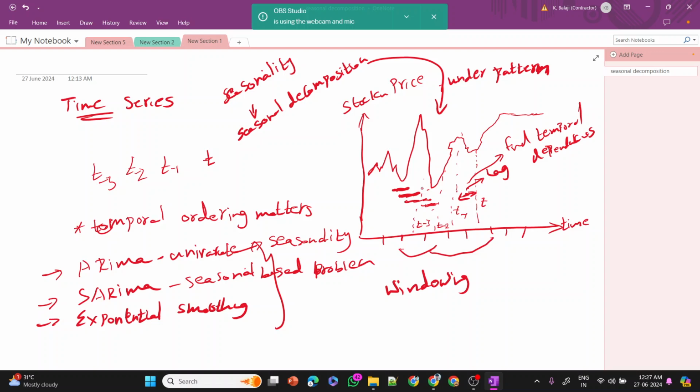These are the basic algorithms used in building ML models whenever we have any time series problem.